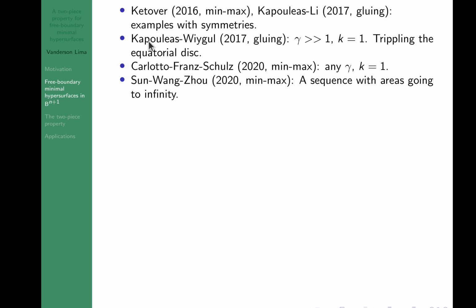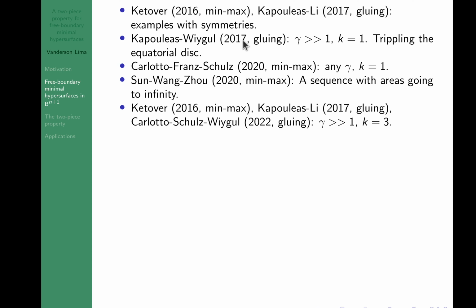But using the Almgren-Pitts version, Sun, Wang, and Zhu prove that there is a sequence of free boundary minimal surfaces in the Euclidean three-ball such that the areas go to infinity, and they observe that they can use that to see that the surfaces are actually different from all the previous families.